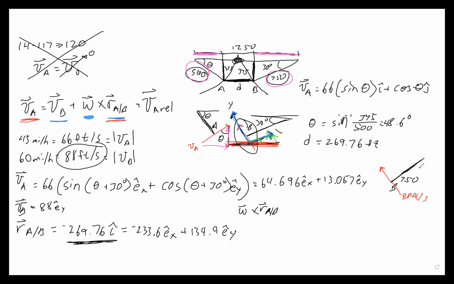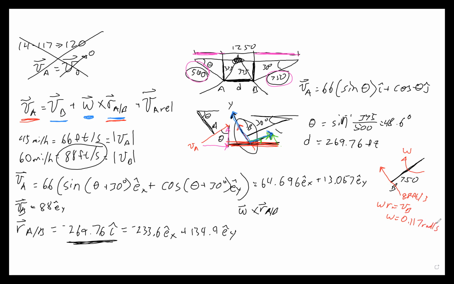Okay, to find omega, that rotation, omega r equals the linear velocity of B. Well, we don't know omega, but we do know the distance and we know the linear velocity. So we can solve for omega by dividing by the radius. Okay, so that ends up giving us a value of 0.117 radians per second.